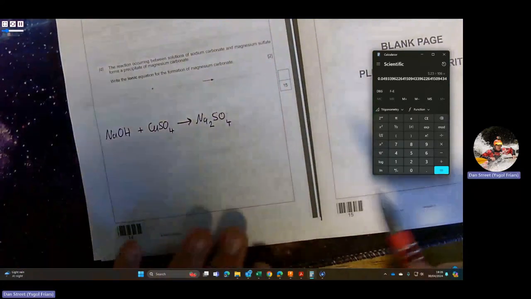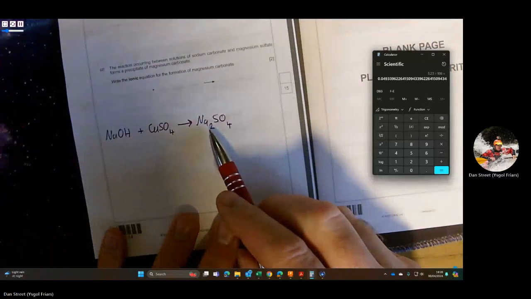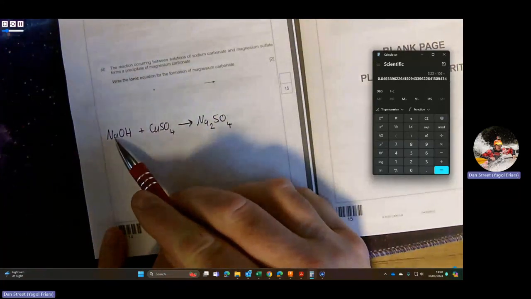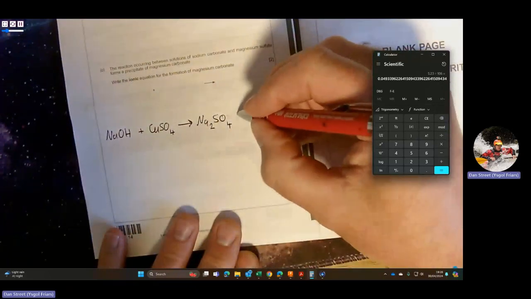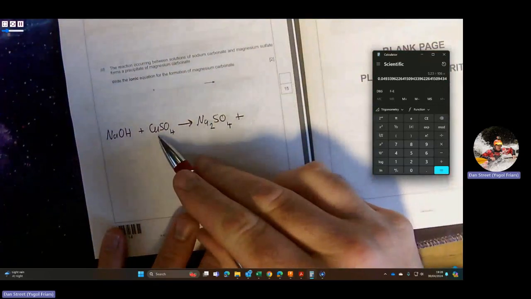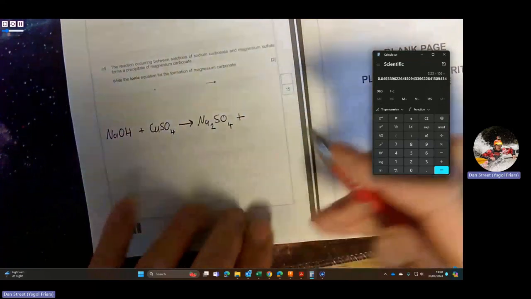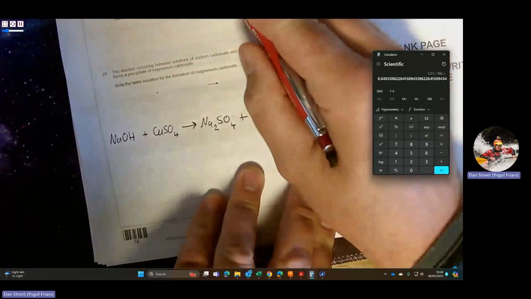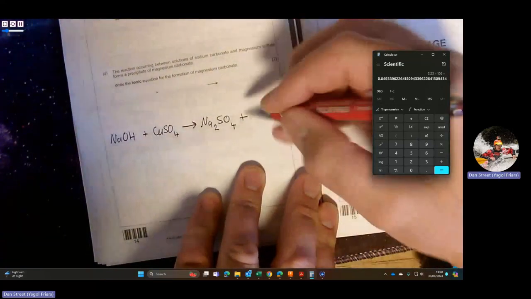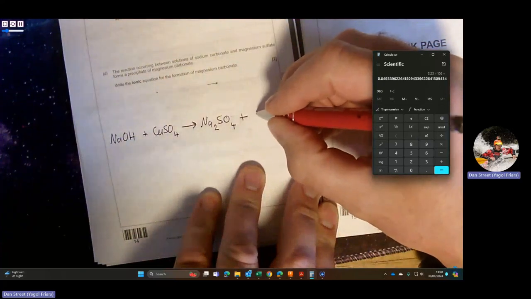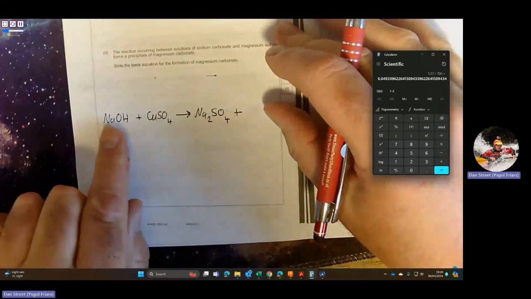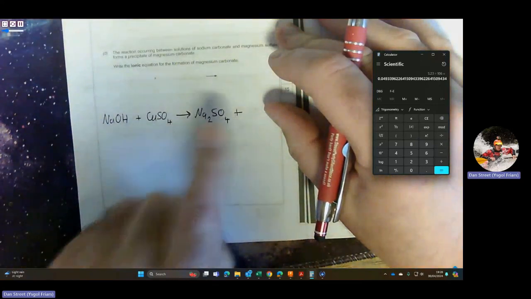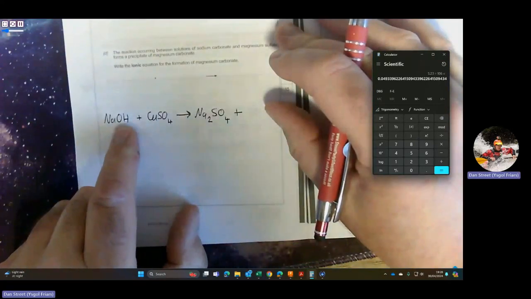So we can see that the sodium is used, but nowhere on this side is the copper used. So there must be another compound that's not mentioned in the question, which we need to work out. As this is an exchange of ions, the sodium ions end up with the sulfate and the copper ions end up with the hydroxide.